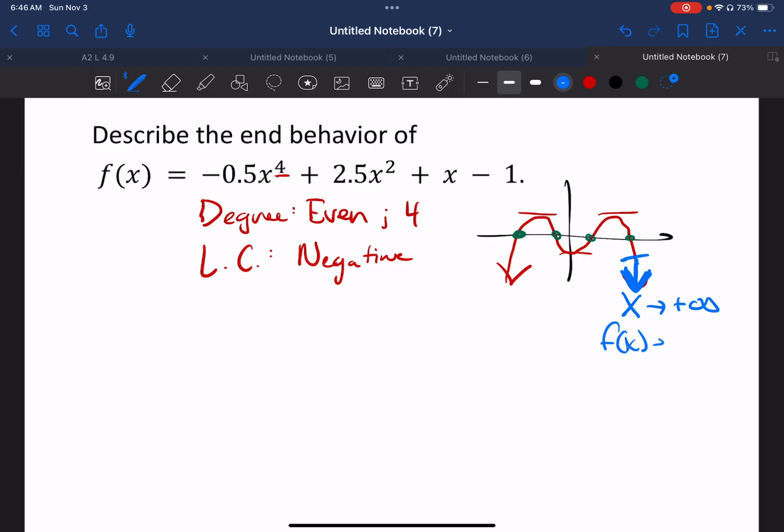So the function is going down, so that means it's approaching negative infinity. On the left side of the graph, as x approaches negative infinity, the function is still going down. So I know it's approaching negative infinity. And for those types of problems, that's really all you need to do. When we get to graphing, we'll graph this more specifically, and we'll use the end behavior to do this.